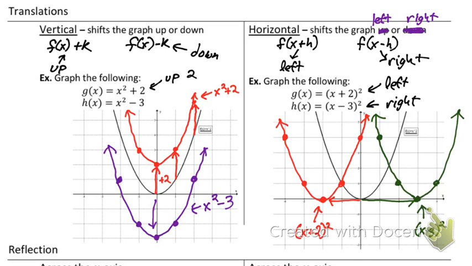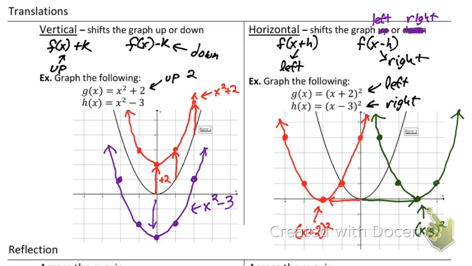They go opposite directions. Yes, you just put them in the wrong spot. Plus tells me left. Minus tells me right. Cool. So negative 3 should go right.